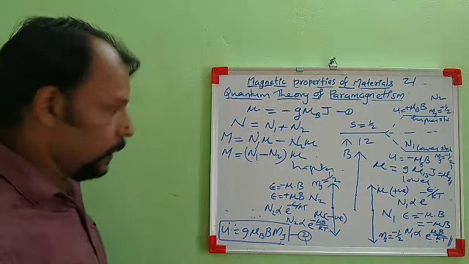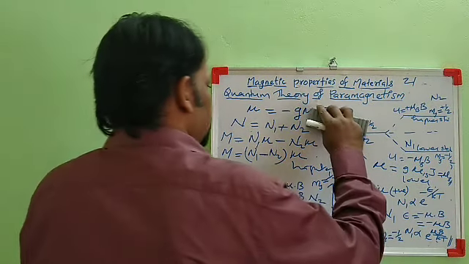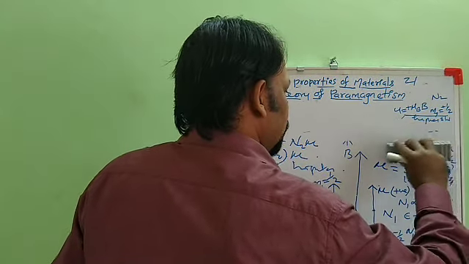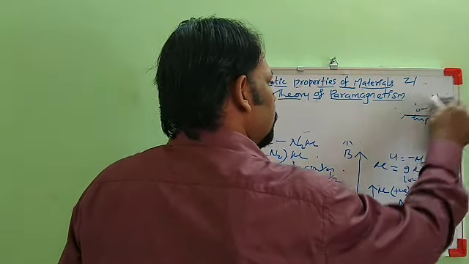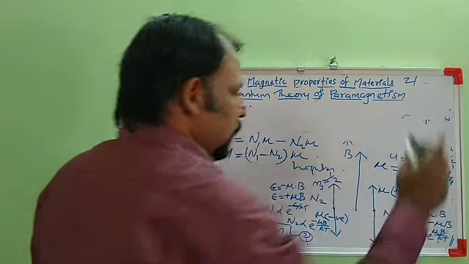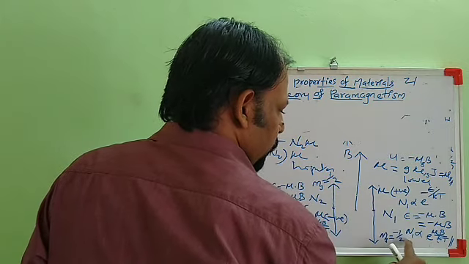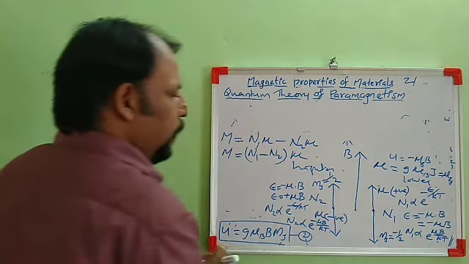Now we can calculate the number of atoms in each level. We know the proportionality: N1 is proportional to e raised to mu B by kT.